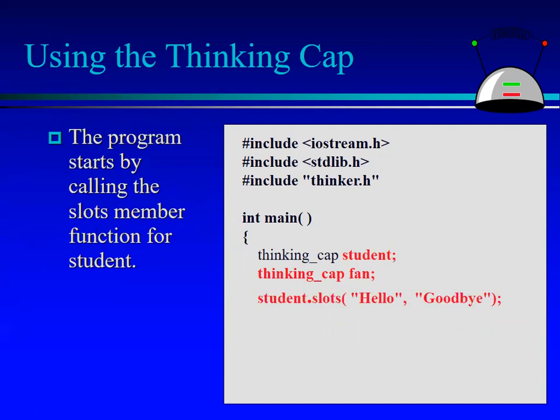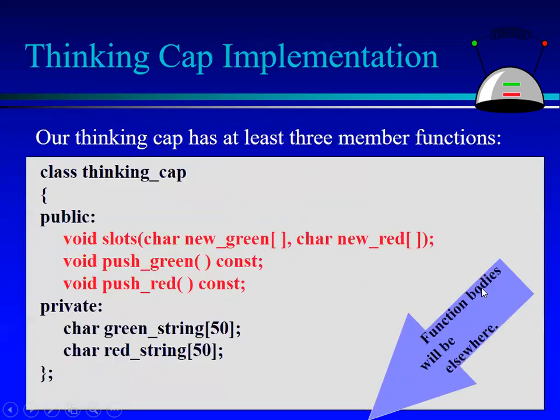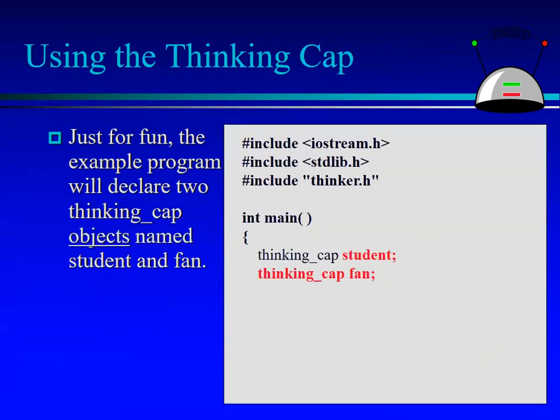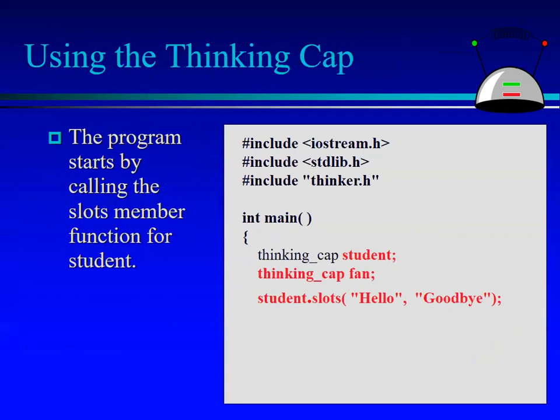Now slots is a function defined within this thinking cap. I'm giving the input to slots as hello and goodbye. Hello will come at this location and goodbye at this location. So at the location of green, we are getting hello, and at the location of red, we get goodbye. Okay.